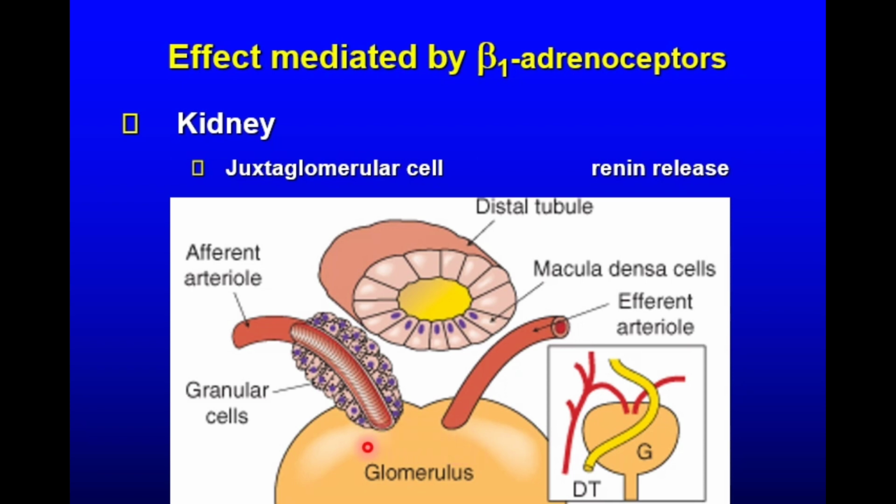Activation of beta-1 adrenoreceptors increases renin release from specialized granular cells, which contain renin. Therefore, beta-1 activation will increase renin release.